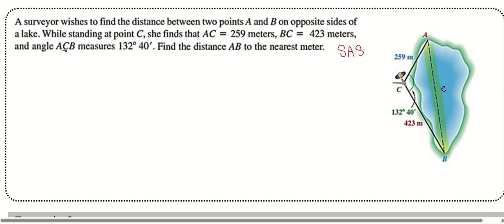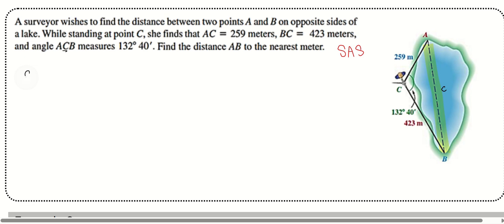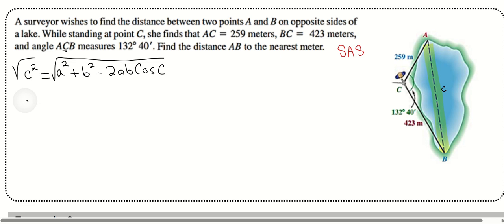We are just looking for side C, so we're just going to go ahead and use our C squared formula, which is equal to A squared plus B squared minus 2AB cosine of C. And again, I'm going to go ahead and just take the square root of that so that now I can calculate this much easier.